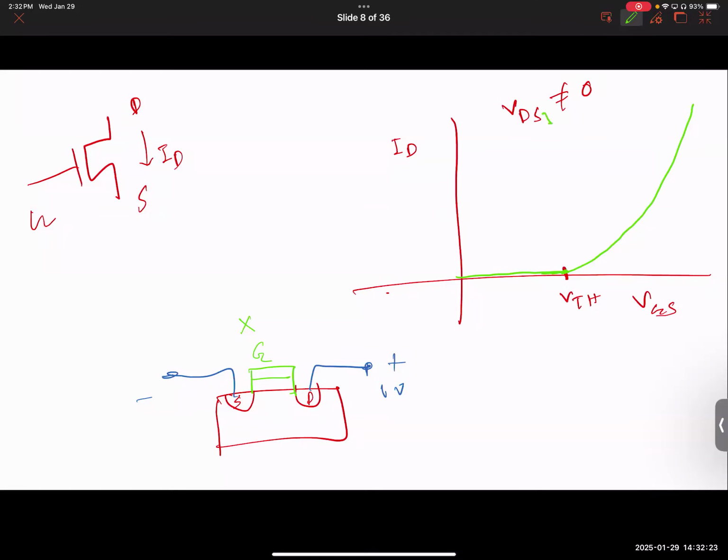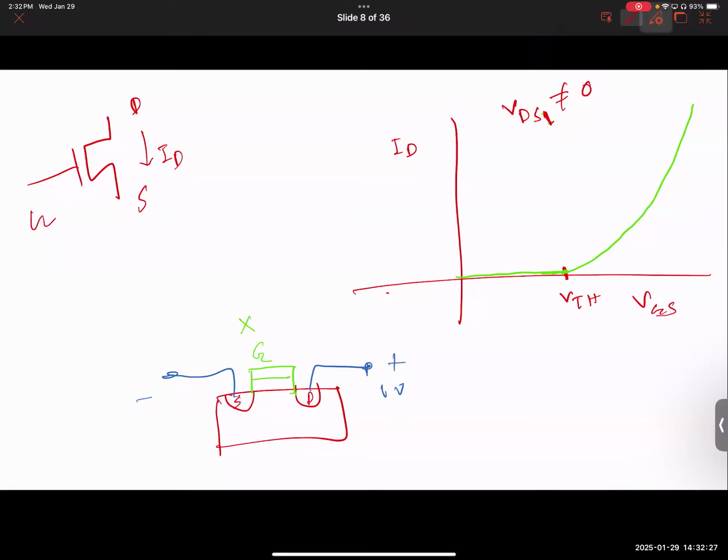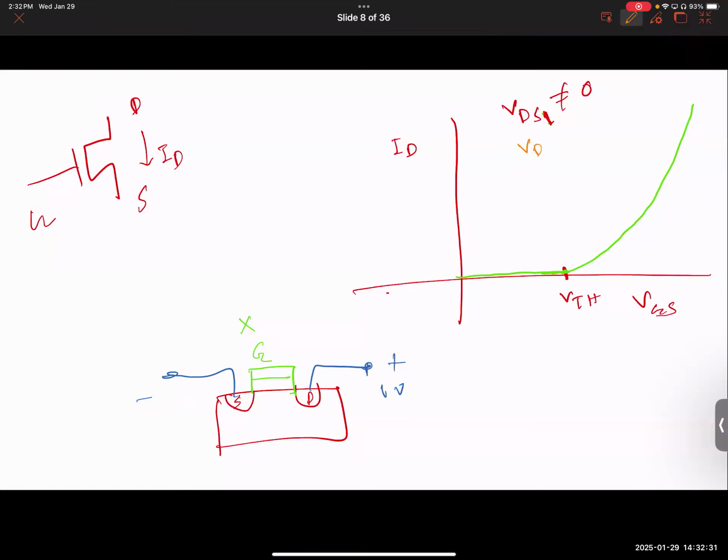But maybe this is VDS1. I'm going to do this. And say now you have VDS2, which is greater than VDS1. What do you do now? You still have to cross the threshold, basically. And then, since you have more VDS, you don't change the bridge.